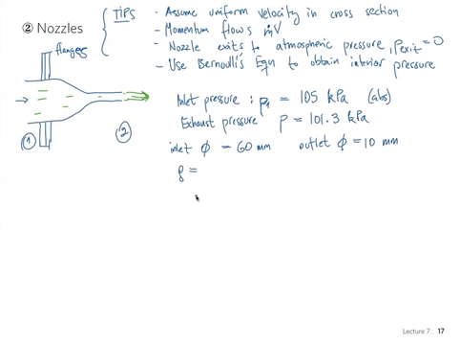This is just going to be air, 1.22 kilograms per meter cubed. And in this case, the nozzle is connected to a supply of air by some flanges.